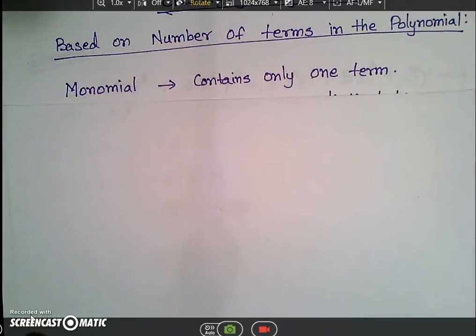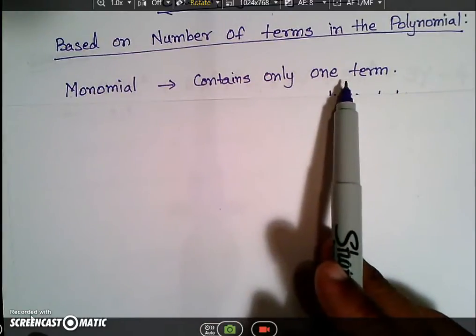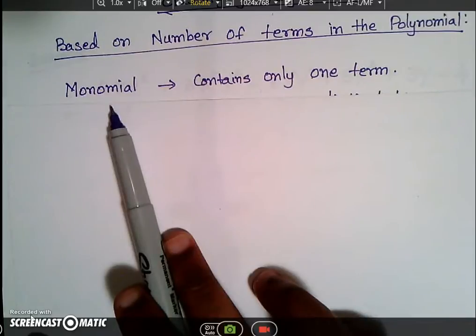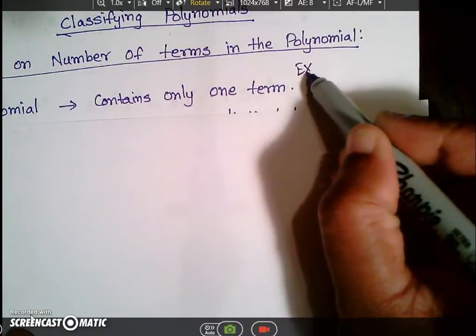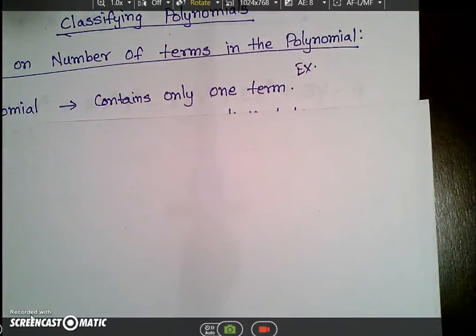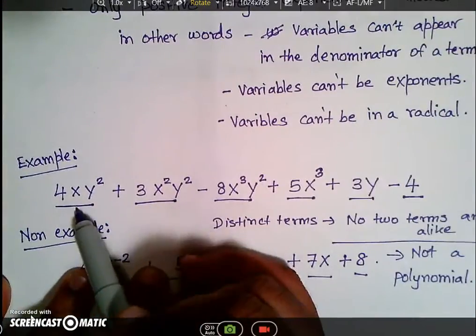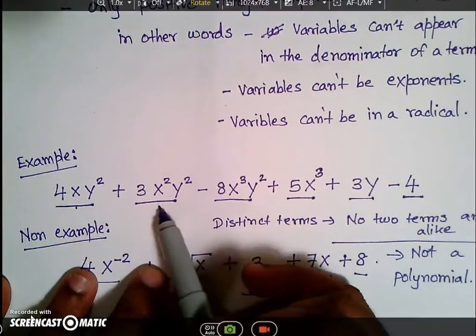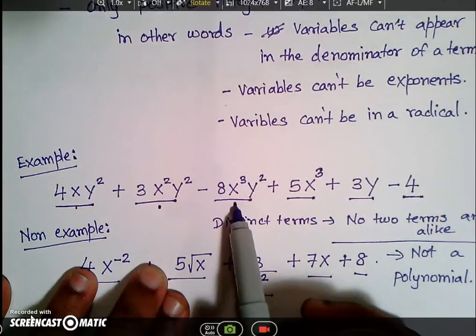The first vocabulary word is monomial. A monomial is a polynomial that has only 1 term in it. So monomial is also a polynomial, but it has only 1 term in it. If I go back to our example that we wrote earlier, this is a monomial. Term number 3 is a monomial by itself.